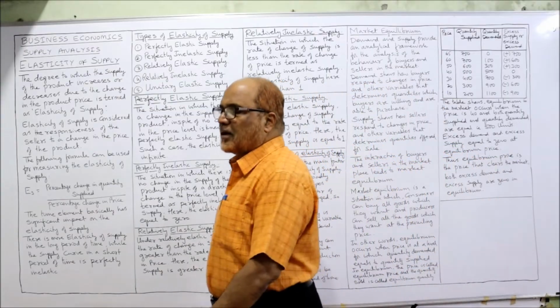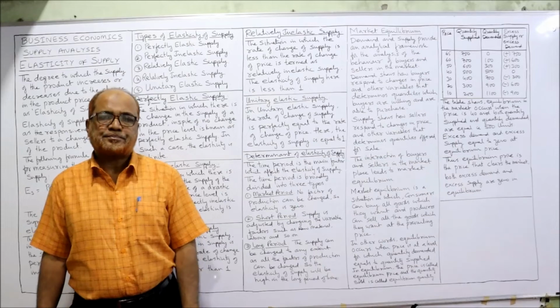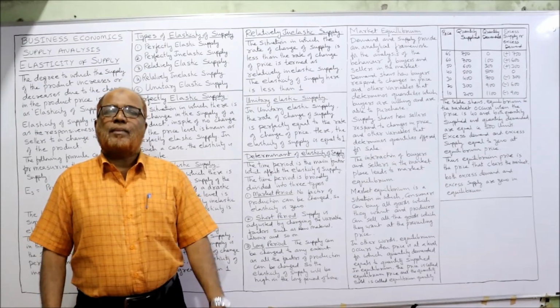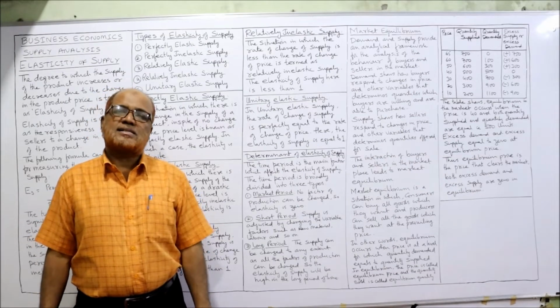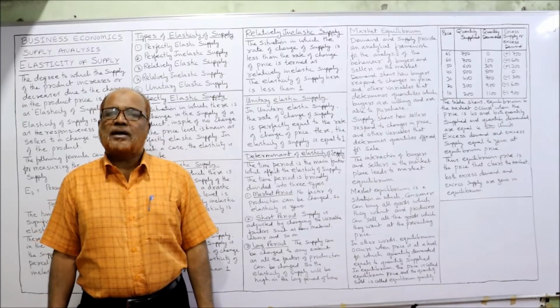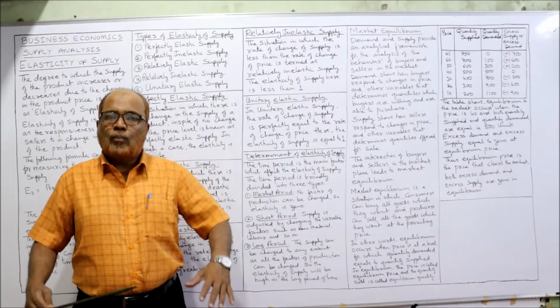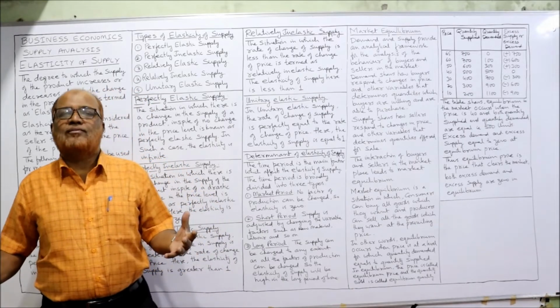Now the last topic in this video is regarding market equilibrium. Before studying the market equilibrium, we have to understand the market is composed of demand from the buyers and supply from the sellers. So both have their own objective.